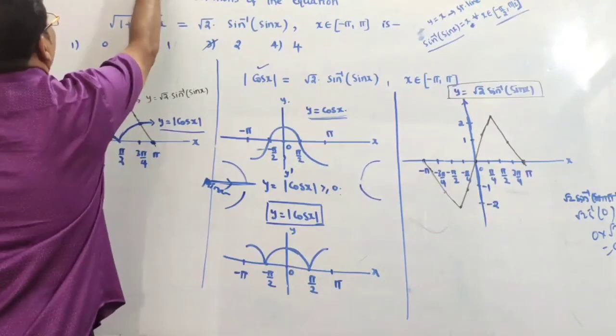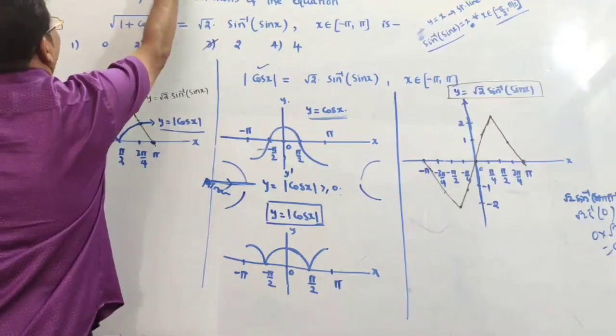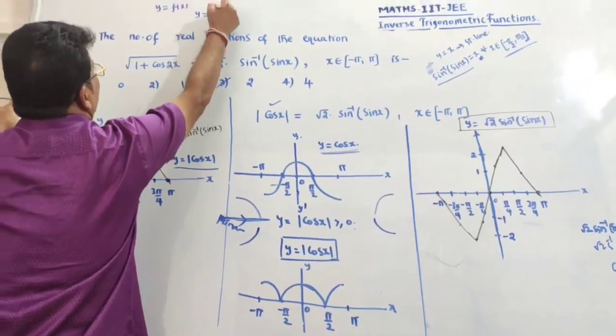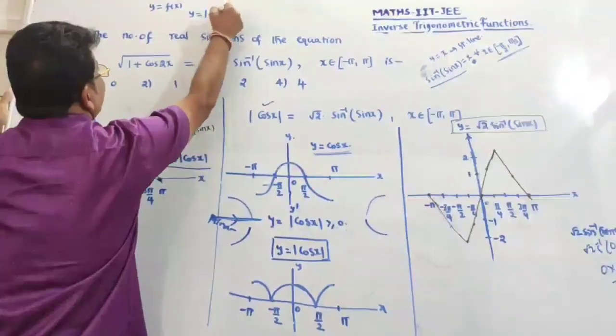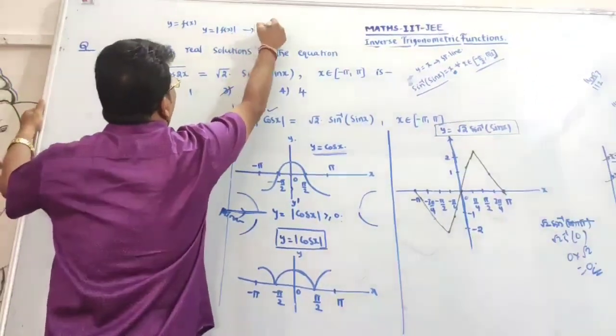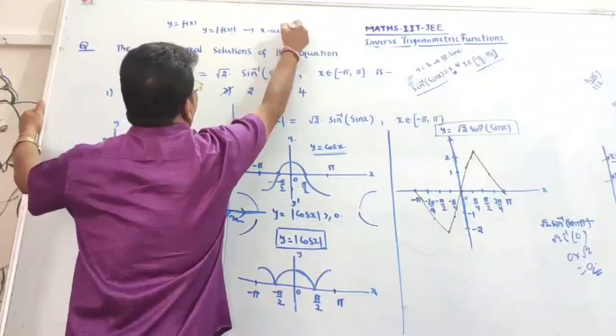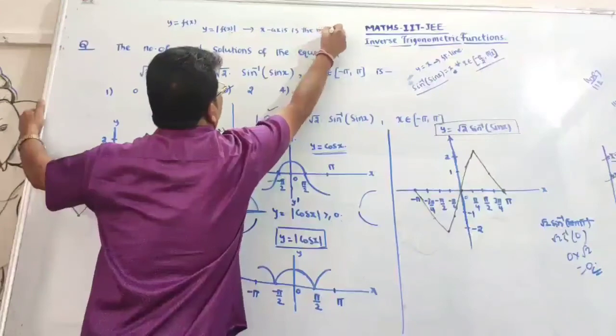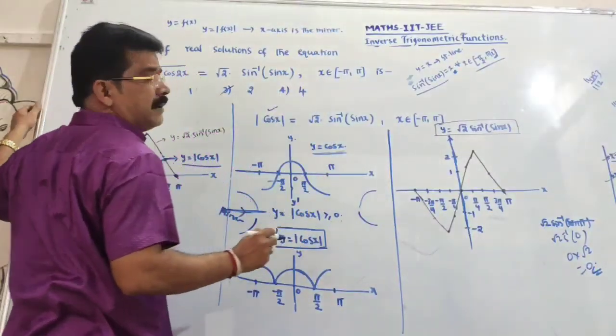In general, y equal to f of x is one graph. Next, y equal to modulus of f of x means the x-axis is the mirror. Remember. Hence the problem.